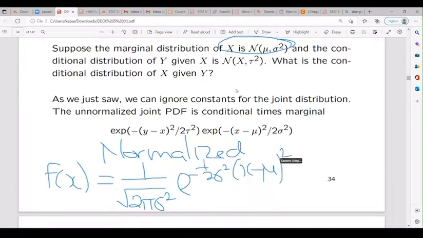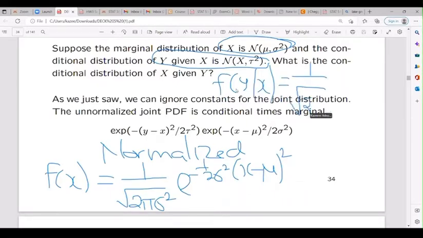That's a normalized one. Now, for the distribution of y, or f of y given x, I'm going to write 1 over the square root of 2 pi tau squared, exponential raised to the power minus 1 over 2 tau squared, y minus x all squared. That's a normalized one.